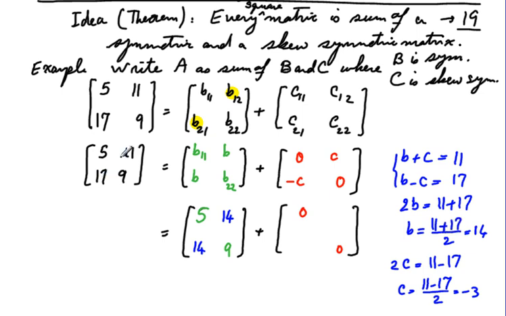So I take 11 minus 17 divided by 2, I make a minus 3. How about this one? I have to do the entry minus its sister location divided by 2. So what am I going to get? Just the opposite of that, which is going to be 3. So the recipe for breaking it down is pretty straightforward, and you can have a simple question like that on the test, or something a little bit more substantial.